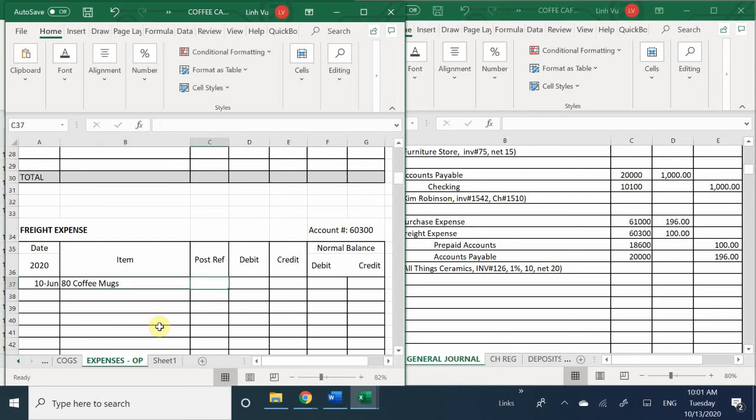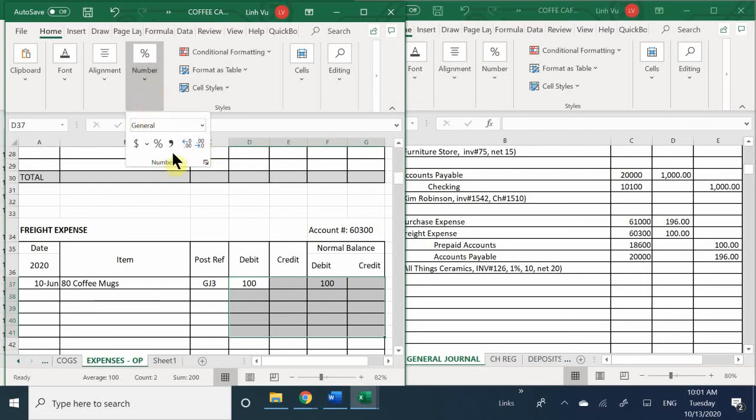Okay. Post reference, General Journal 3. And I debited for the amount of 100. And because this is my first one, it's going to be for 100. Okay. So that's my expenses there.